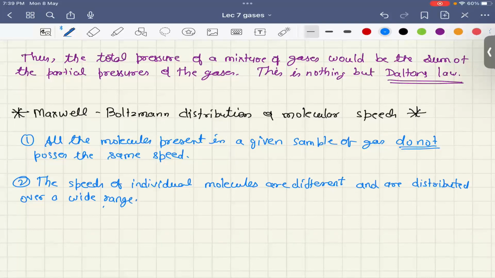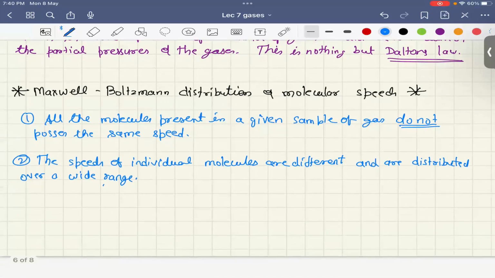So even if all the particles had the same speed initially, due to the molecular collisions, they will have different speeds. Right? The speeds of different molecules also go on changing. However, the distribution of speed among different molecules remains the same at a particular temperature, although the individual speeds of the molecules may change. Okay?